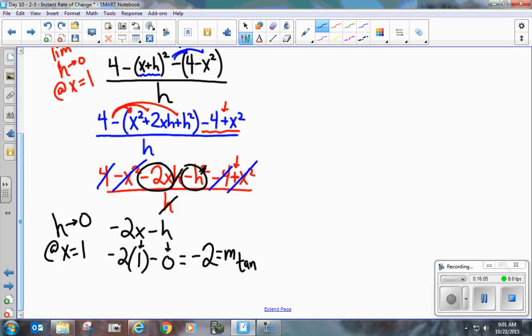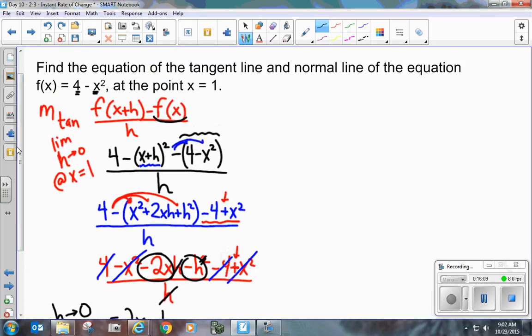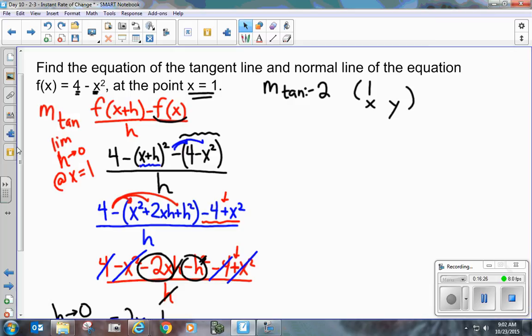So let's go all the way back up here. The slope of my tangent is negative 2. All right? I have an x, I need a coordinate, right? I have an x as 1 because it's given to me, but how do I get a y? I use this right here. Don't forget, f of x is almost the same thing as y, isn't it?